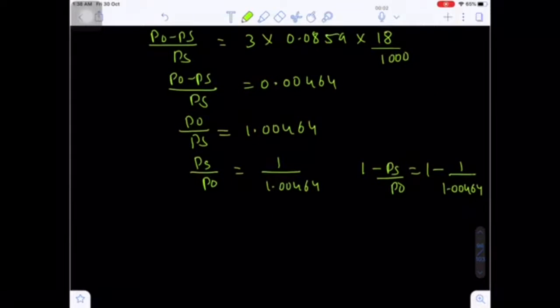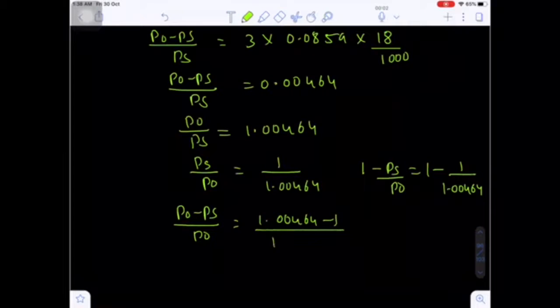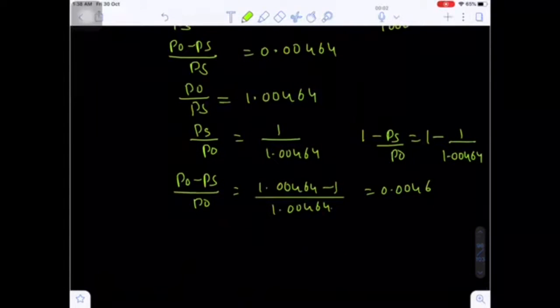Taking the LCM, (P naught minus PS) upon P naught is equal to (1.00464 minus 1) divided by 1.00464. Yes or no? This value is 0.0046.